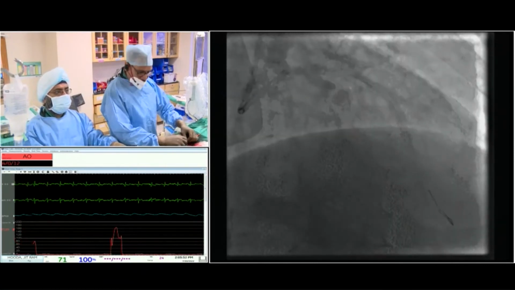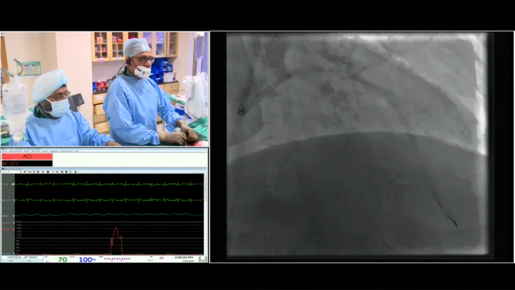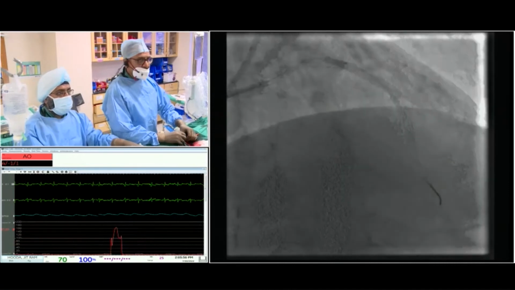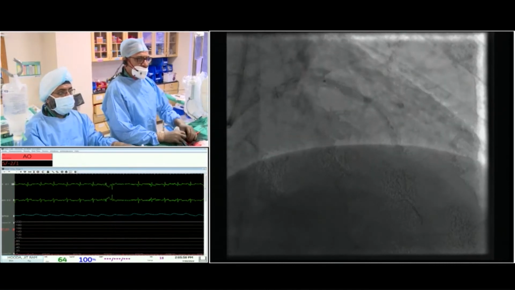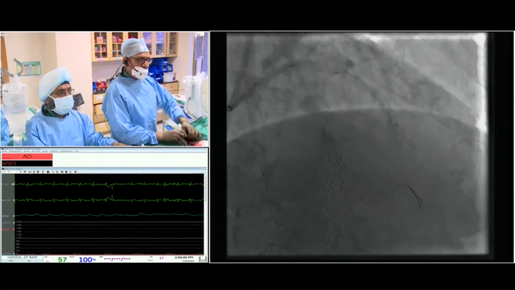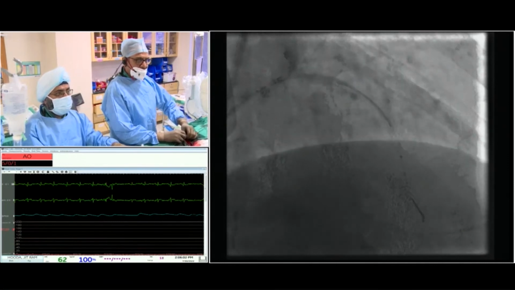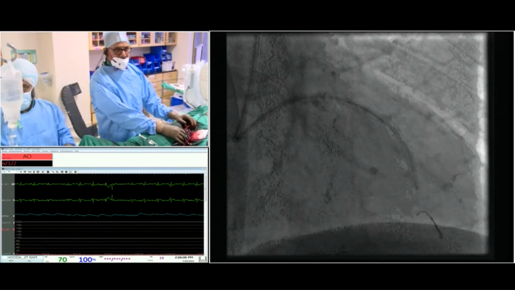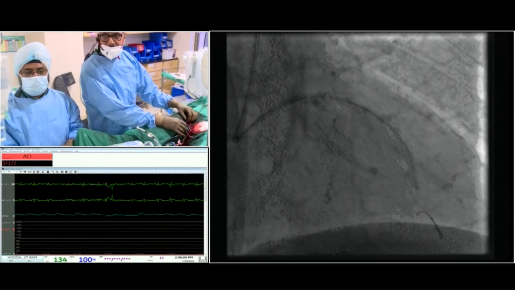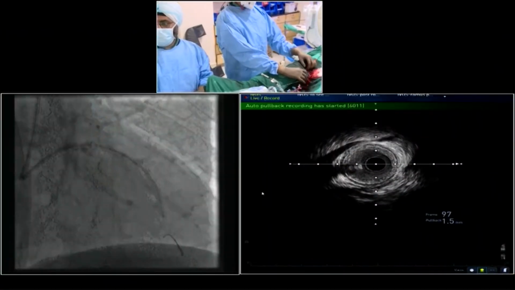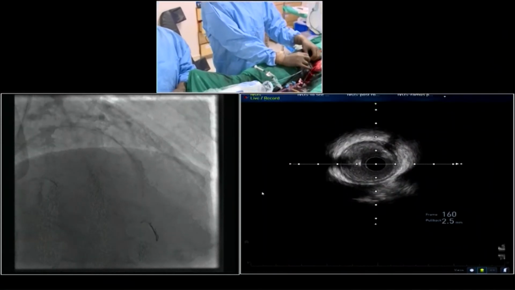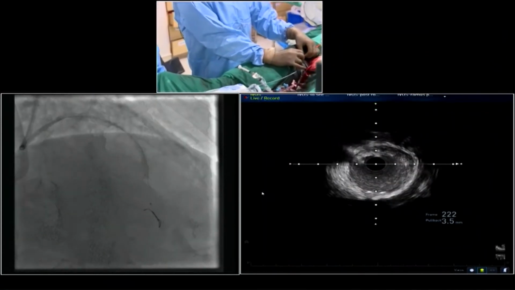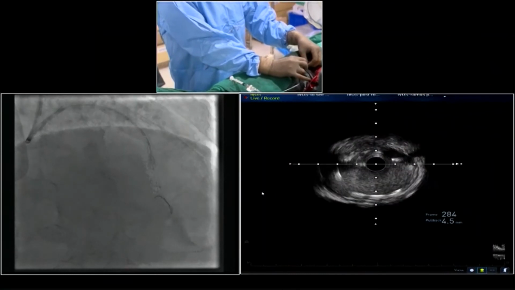Keep it straight. Come closer. Here we go. So that's the final IVUS run. That's the stent, nicely apposed.